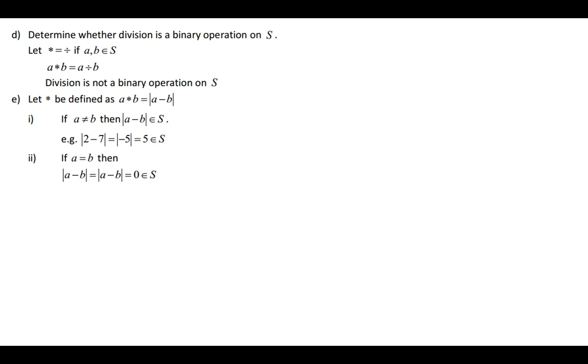Okay, let star be defined as A star B is equal to the magnitude of A minus B. So if that is your star, A star B has been defined by that. The magnitude of A minus B is a binary operation on S, because after subtracting two numbers, the answer that you get will still be positive. If for instance you get the answer as -5, the absolute value of -5 is equal to 5.